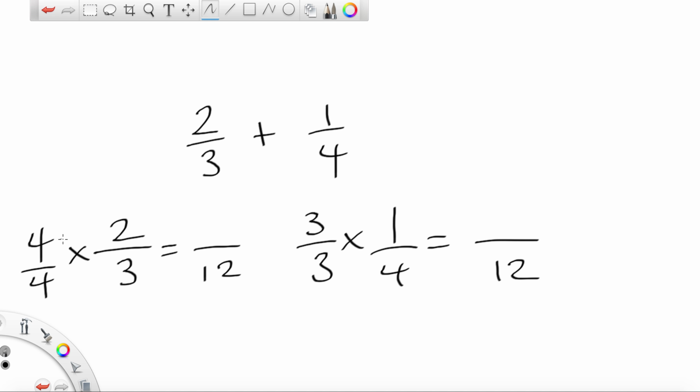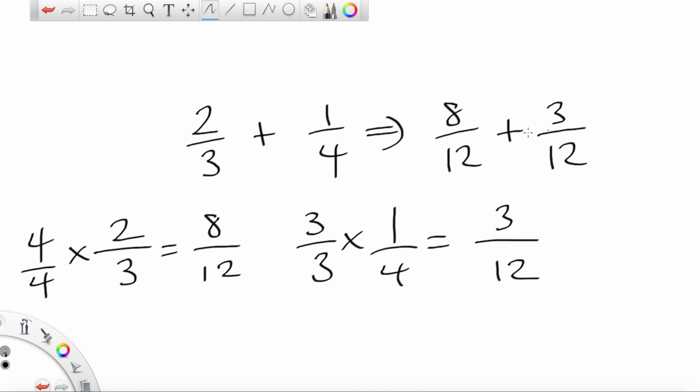So the top becomes 4 2s are 8, 3 1s are 3, so this here is the same as 8 over 12 plus 3 over 12. See, these are the equivalent fractions, using the idea of the ones, right? So simplifying, we suck out ones, and for equivalent fractions we multiply by a suitable kind of 1.